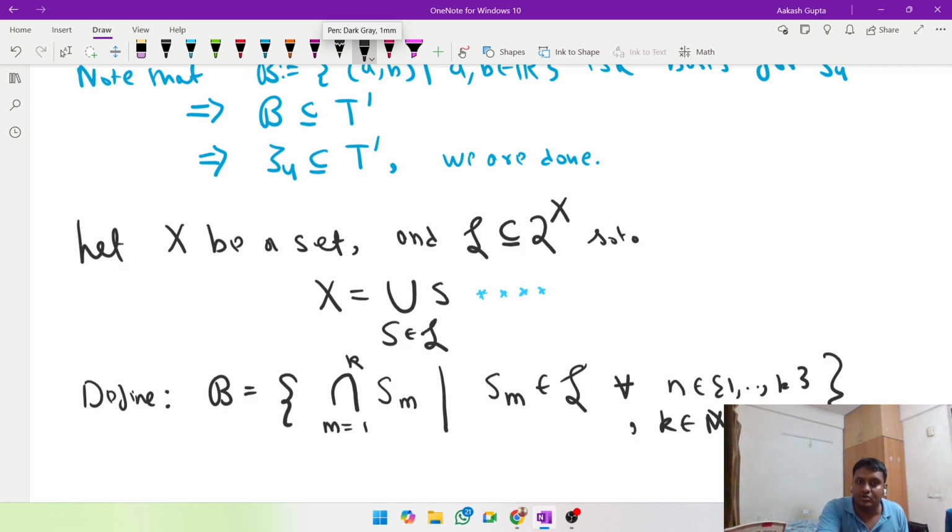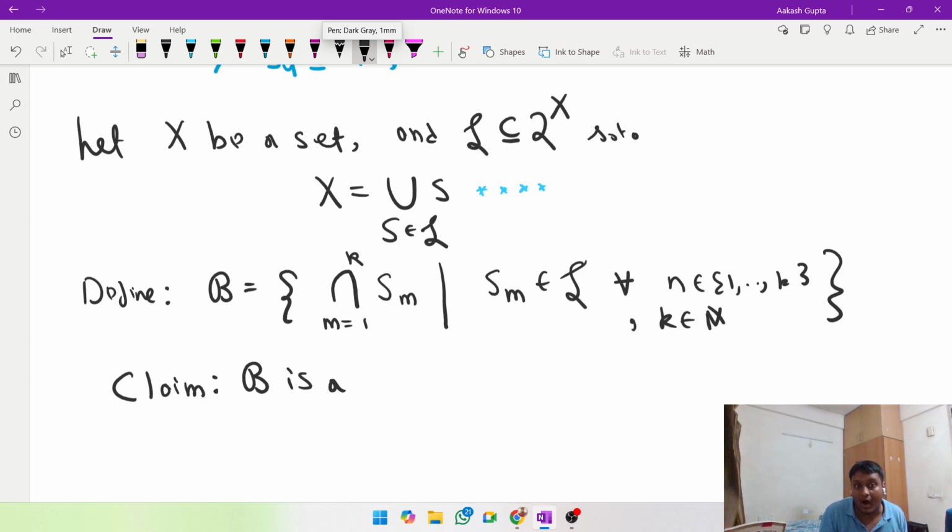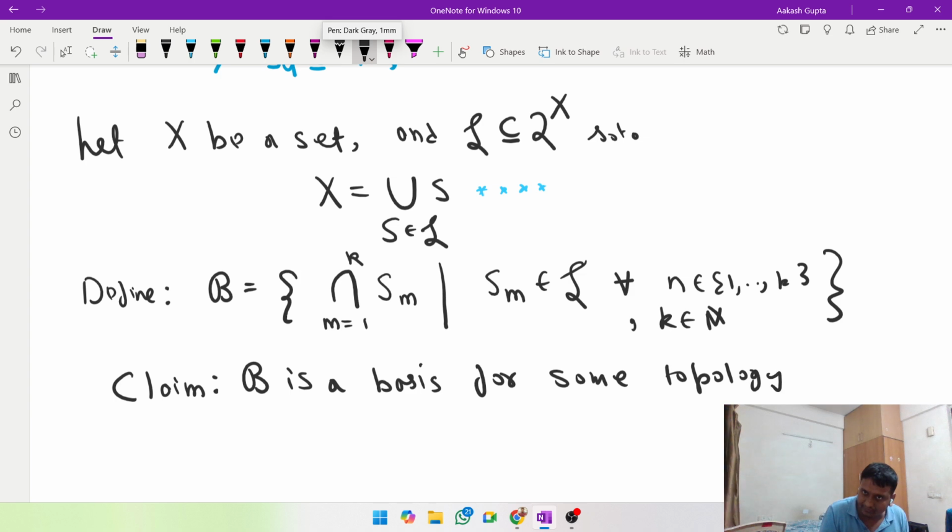So what is my claim? That is very important. Claim: script B is a basis for some topology on X. Now we need to satisfy those two conditions.